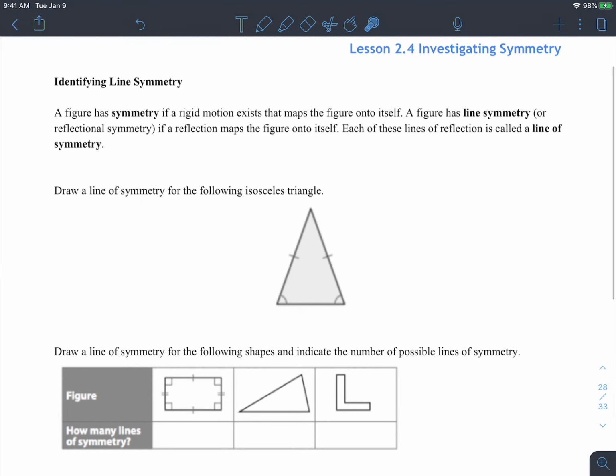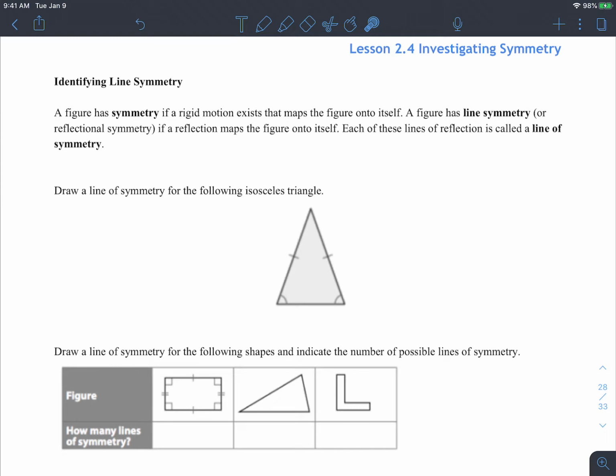All right. And 2.4. Let's talk about symmetry. Okay. So a figure has a symmetry if a rigid motion exists that maps it to itself, right? And the figure has a line of symmetry, or reflectional symmetry, if a reflection maps the figure onto itself.